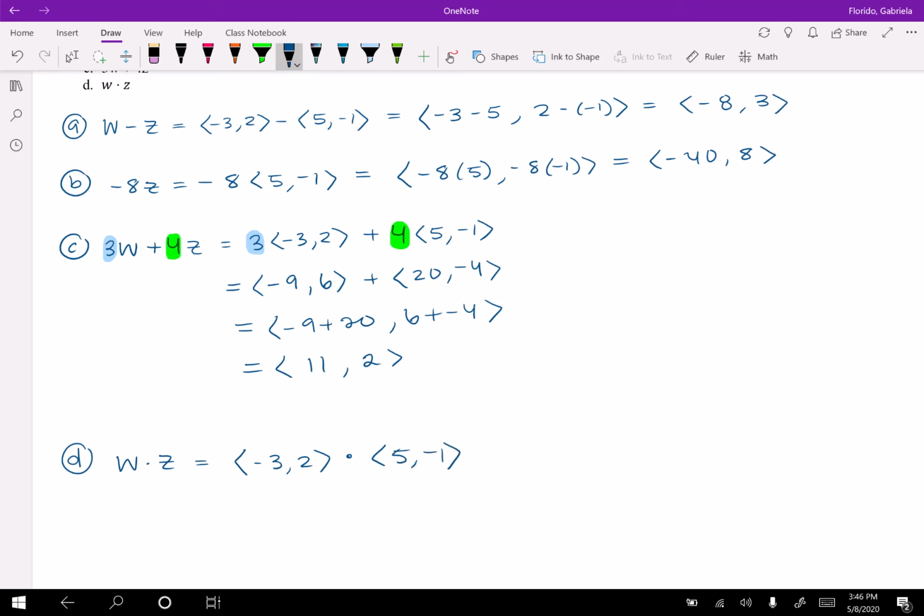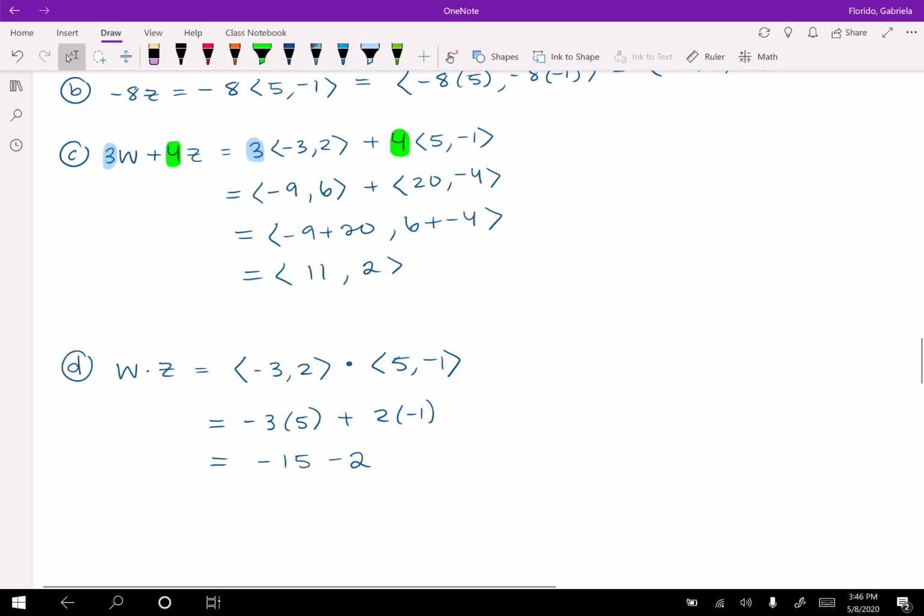Remember, we're going to multiply component-wise, but then add the components together. So this is going to be -3 times 5 plus 2 times -1. Notice that this is not going to be a vector, this is going to be a scalar. It's just going to be a number at the end. So we get -15 minus 2, which is going to give us -17.